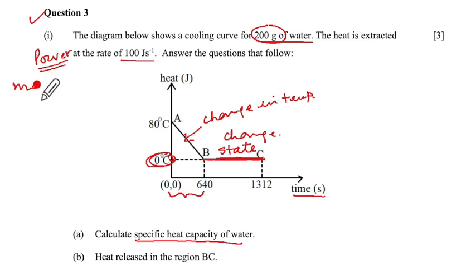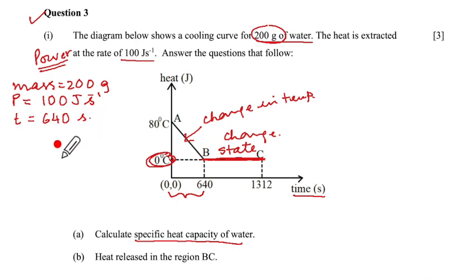So I will write here mass equal to 200 grams and the rate of extraction, that is power, is given as 100 joule per second and we have time as 640 seconds.